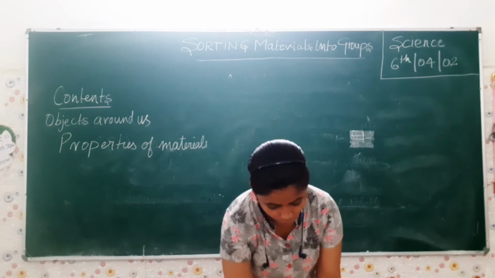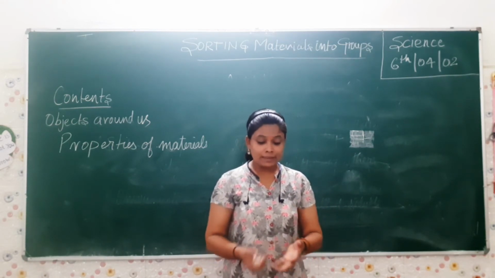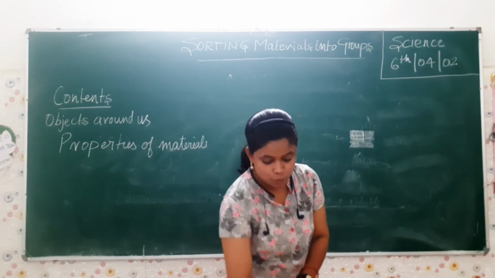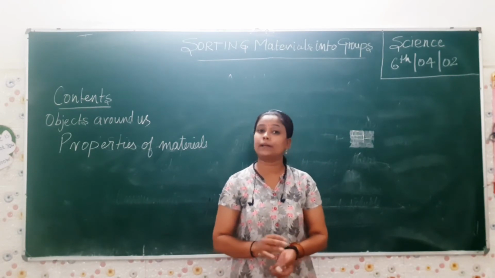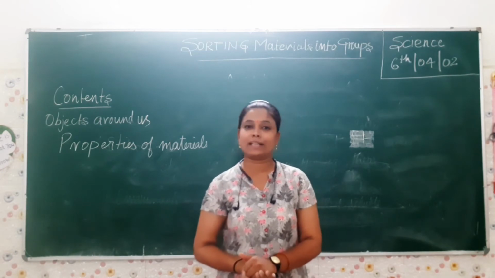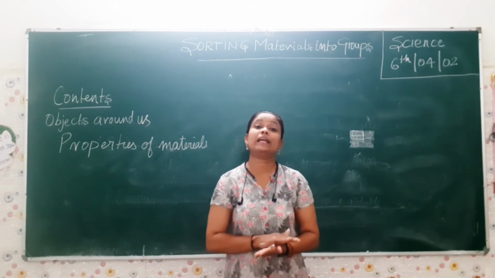Now next, what do you have in your book? There is an example or activity, you can say, that objects may float or sink in water. Now, which object can float and which object can sink in water? What do you mean by sink?